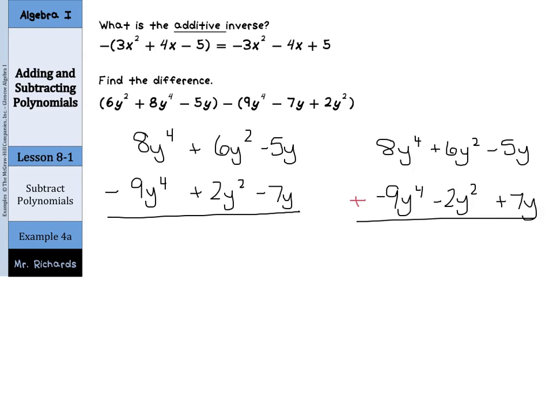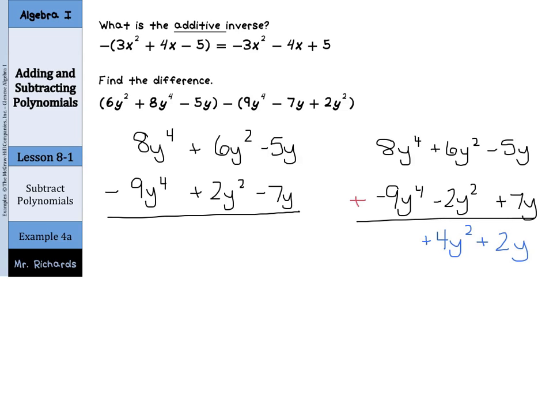And now we add. Negative 5y plus 7y is 2y. And it's a positive 2y. 6y squared plus a negative 2y squared is a positive 4y squared.